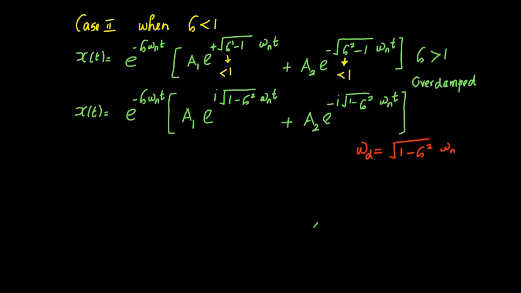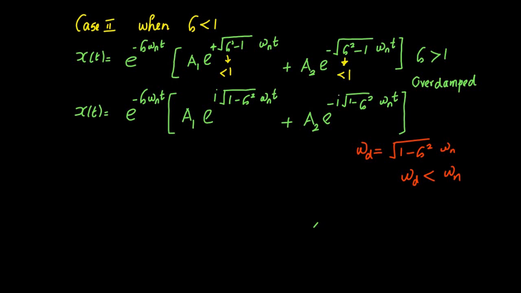It's going to oscillate at this particular frequency. And you can see that when the value of eta becomes less than 1, the damped frequency is going to be less than the natural frequency. So you are actually going to get a very sluggish movement in the case of a damped vibratory system.